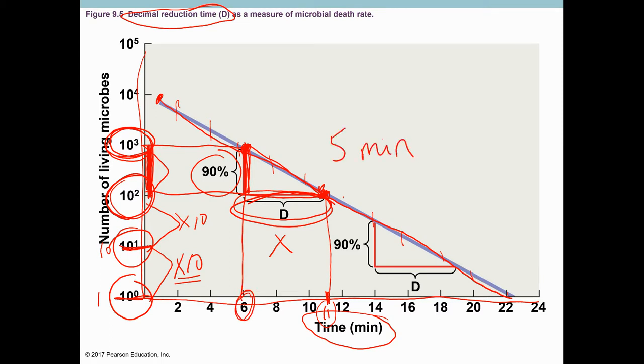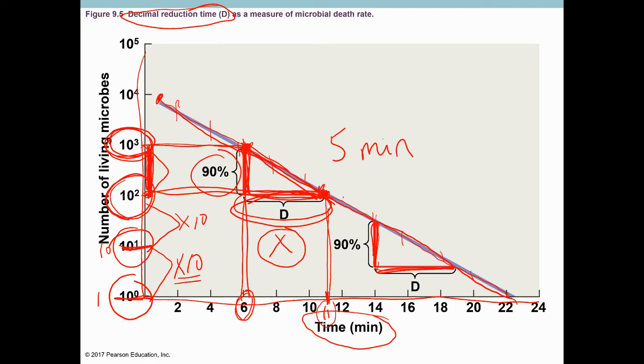That would be the decimal reduction time. Since the slope is consistent all the way down, you could also measure this drop here and then measure the decimal reduction time. The easiest thing to do, though, is pick a point wherever it hits there, and then look for the x component of that, basically the triangle that you're making. And that would help you to determine the decimal reduction time.